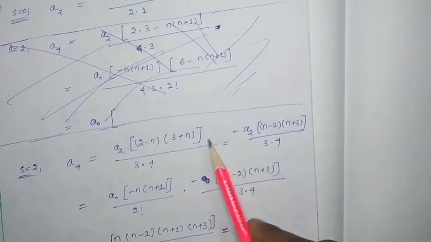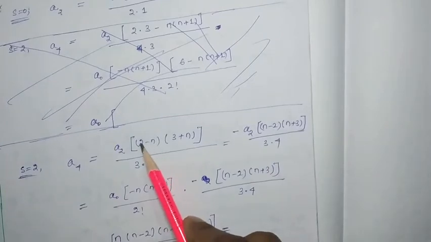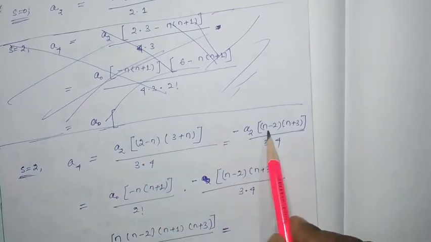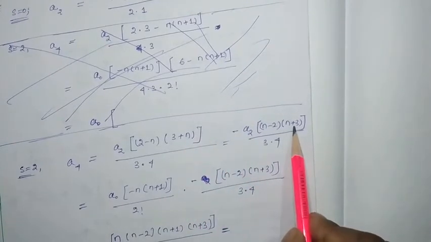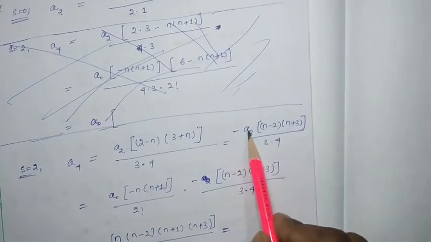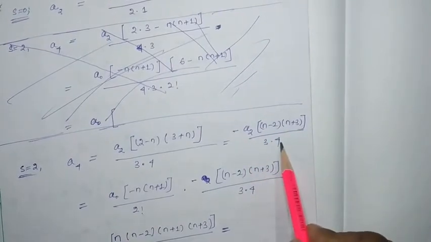Now we can take minus from 2 minus n, it becomes n minus 2, so it will be minus a2 into n minus 2 into n plus 3, divided by 3 into 4.